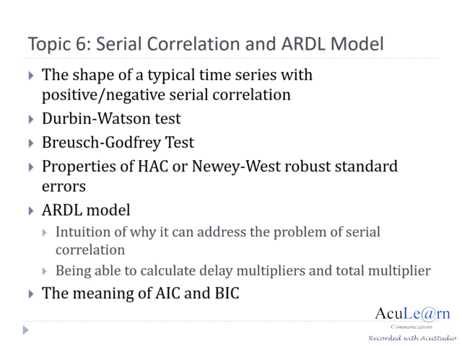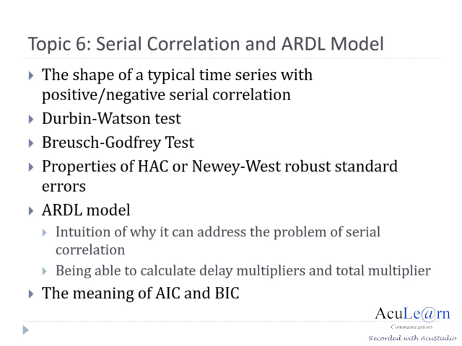After that, I also said that I do require you to be able to do some calculations for the ARDL model. You should be able to compute delay multipliers and the total multiplier for an ARDL model. This kind of calculation will be similar to the question in the example exam, which I already posted and discussed.